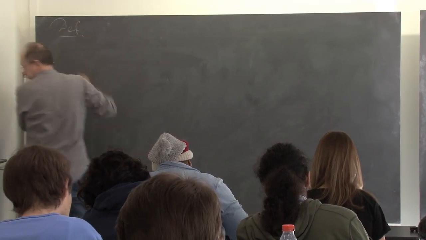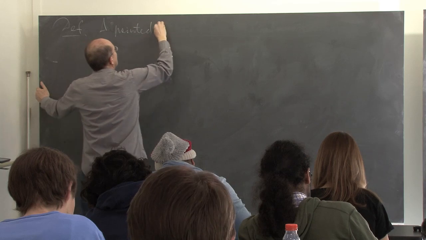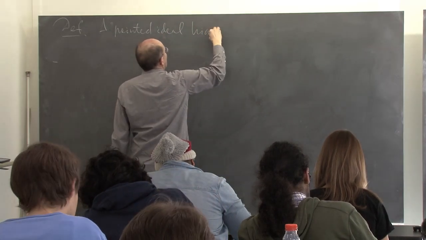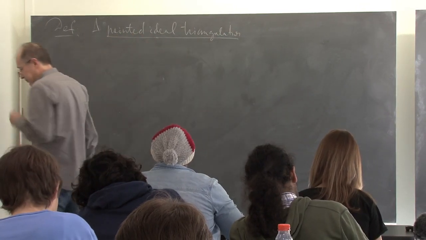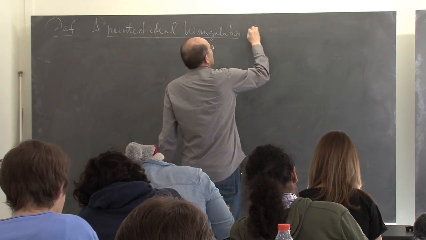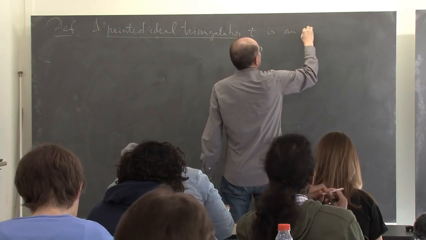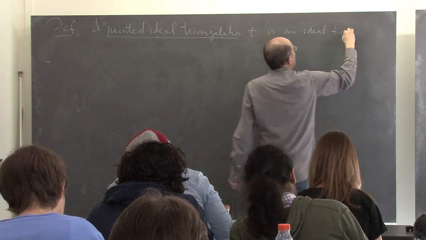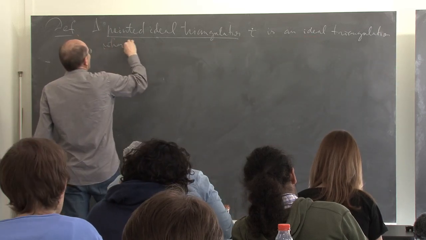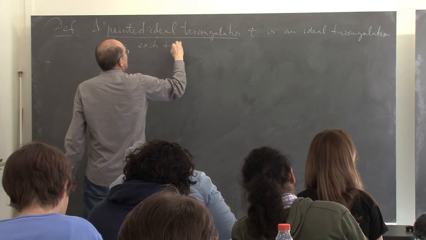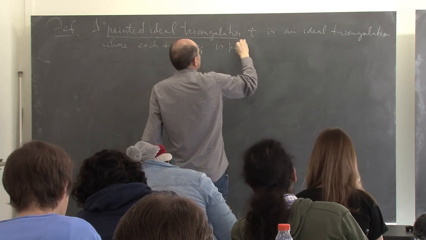Definition. A pointed ideal triangulation, denoted tau with a dot, is an ideal triangulation where each triangle is provided with a distinguished corner.